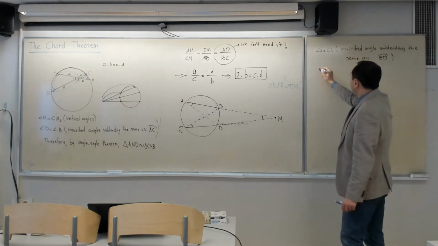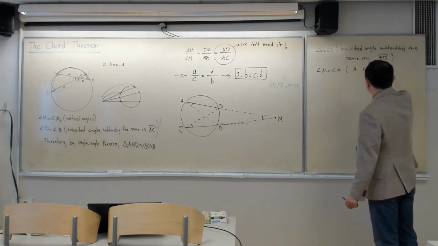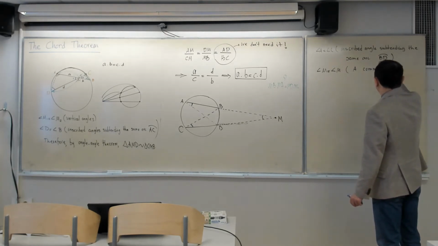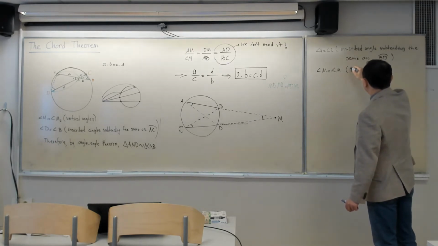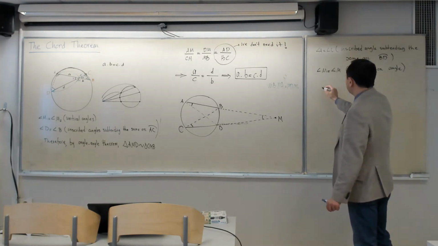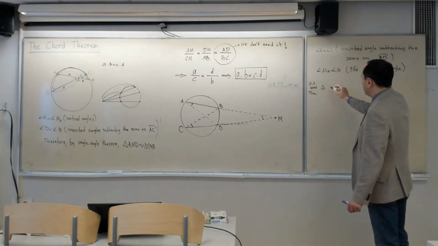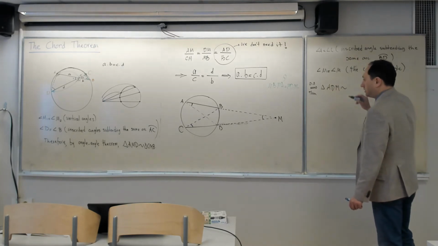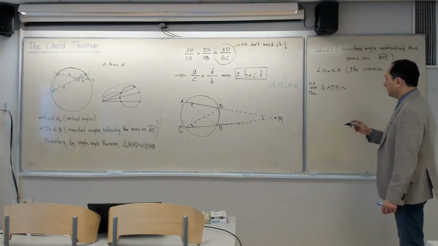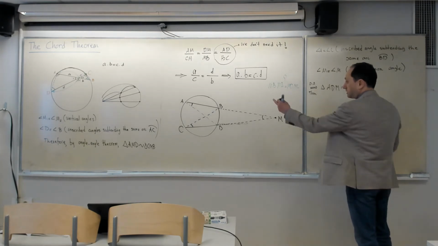And then angle M is equal to angle M, a common angle. So therefore, the angle-angle theorem implies that the triangle ADM is similar to the triangle CBM.